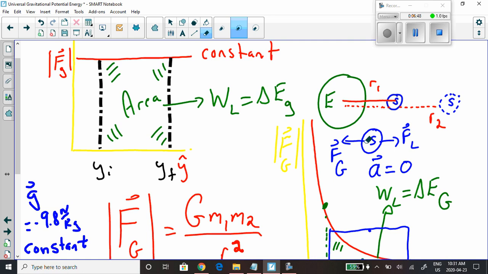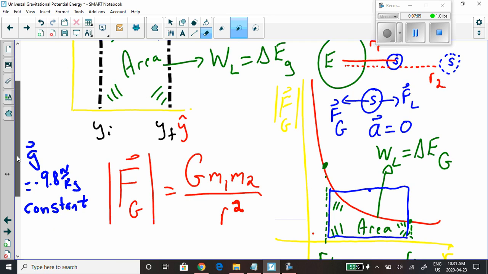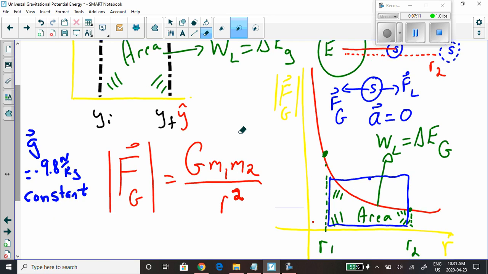And now working against it will not be F little g, but F big G, universal gravitation. But we still have to do it with zero acceleration, very important. So instead of graphing F little g versus the y position, we're going to graph the magnitude of F big G, there's the formula, versus R, R being center to center distance between the two objects.